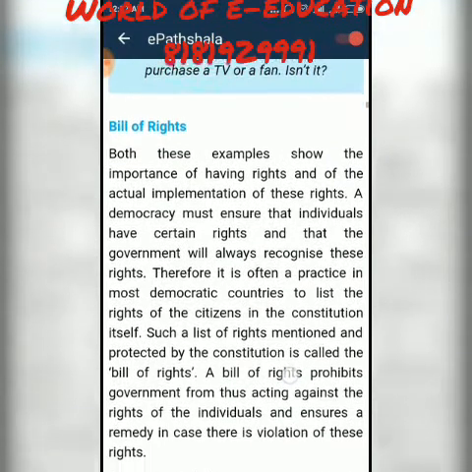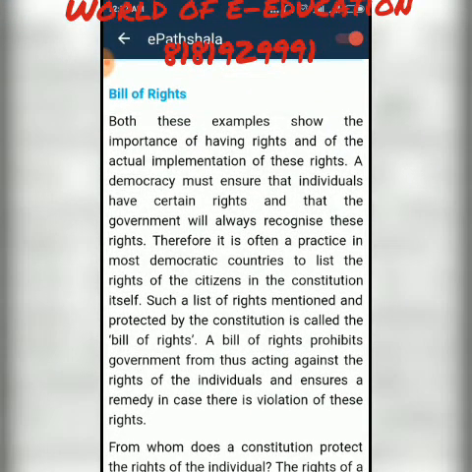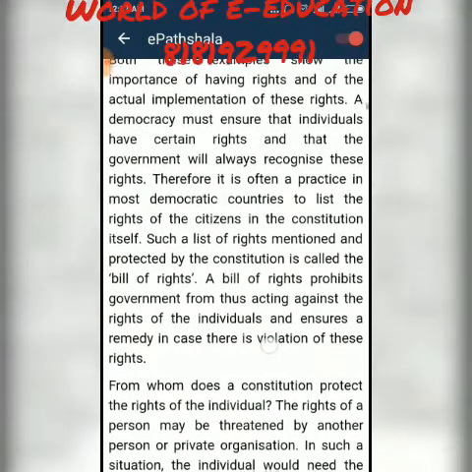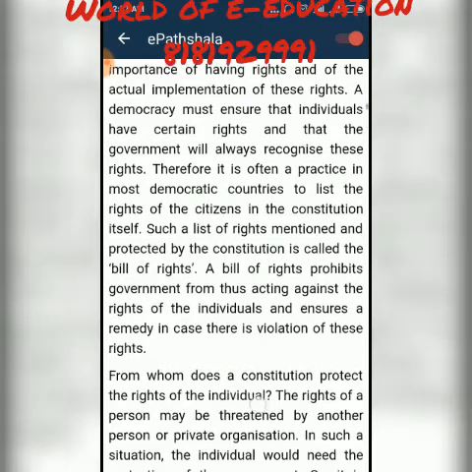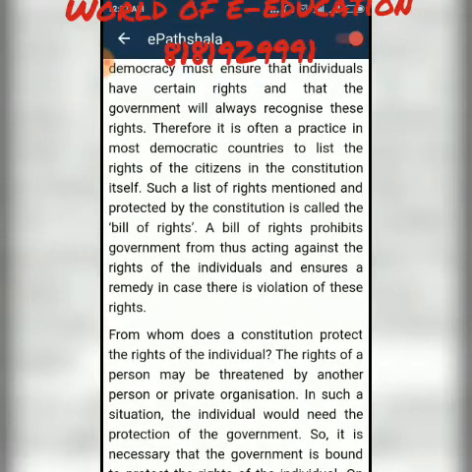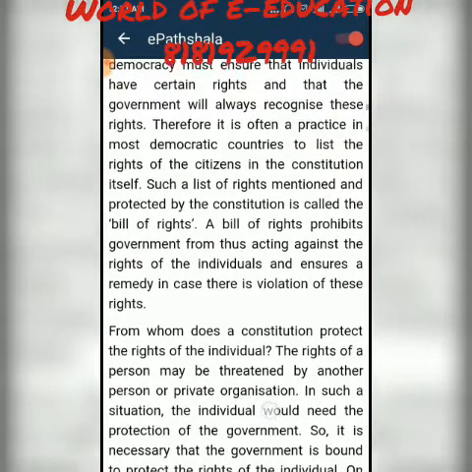Therefore, it is often a practice in most democratic countries to list the rights of the citizens in the Constitution itself. Such a list of rights mentioned and protected by the Constitution is called the Bill of Rights. A Bill of Rights prohibits government from acting against the rights of the individuals and ensures a remedy in case there is violation of these rights.